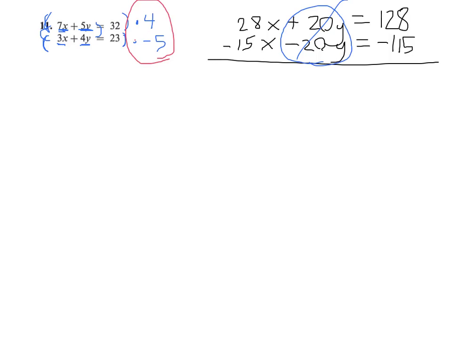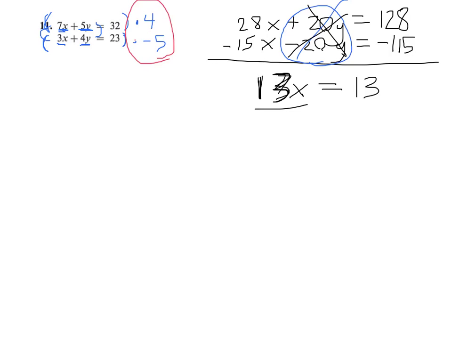So adding them together, we get 28 plus -15, which is, sorry, I did my subtraction wrong. 28 minus 15 is 13x. And again, the y's cancel out, equals 128 minus 115, which is also 13.